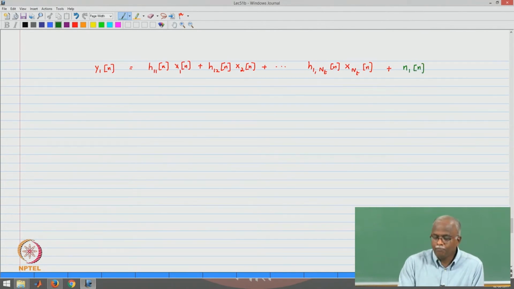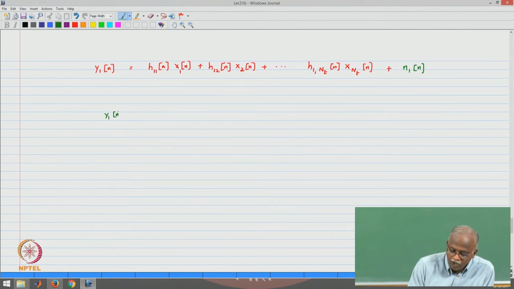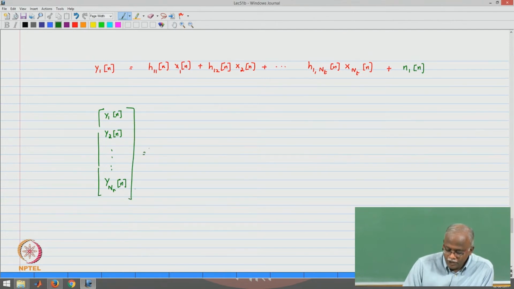So, if you were to capture this in matrix form, it would be Y1 of N, Y2 of N dot dot dot YNR of N. Notice the index is NR because there are NR receive antennas. So, this would be an NR cross 1 vector.